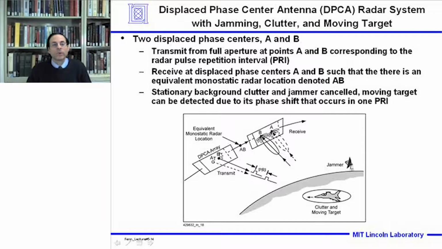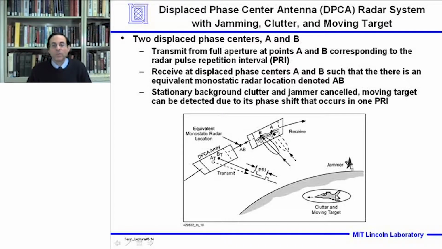So on the first transmission, here's the array, and we're forming a phase center at position A using the full aperture. And then 1 PRI later, when the array has moved, we then are transmitting from the full aperture at position B. So we're sending out a series of pulses.